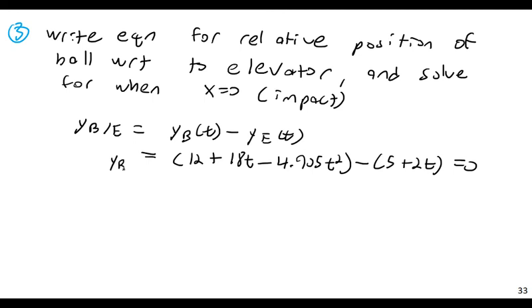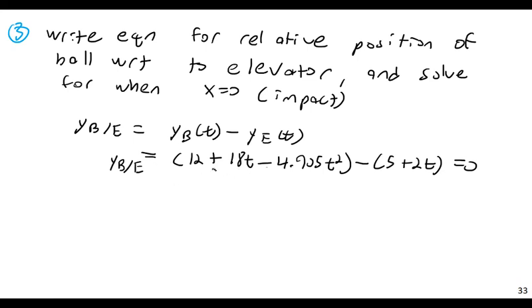Because this is YBE, the height of the ball with respect to the elevator, it's going to be the subtraction of one from the other, and I want to know where they're going to impact. At the moment of impact, the position of one relative to the other is 0.